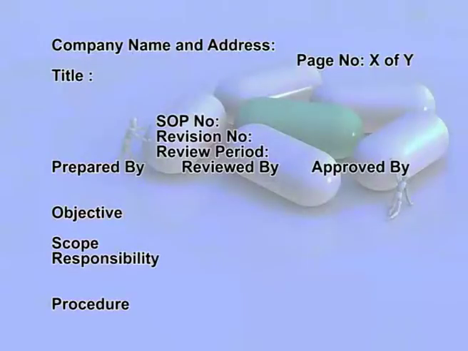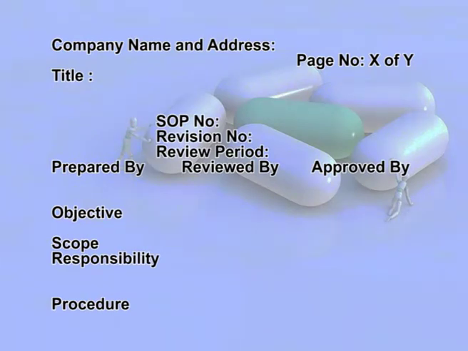SOP format. Now let us study what is the format of SOP. SOPs should be organized to ensure ease and efficiency in use and to be specific to the organization which develops it. The sample SOP format is shown on the screen. It consists of a company name and address to which this SOP applies.